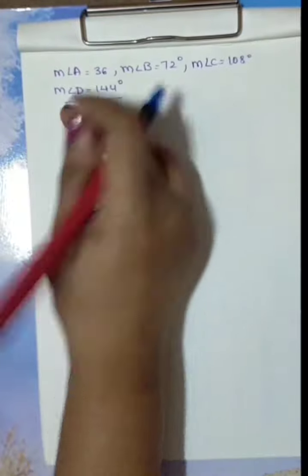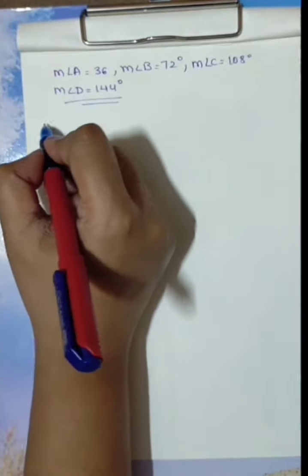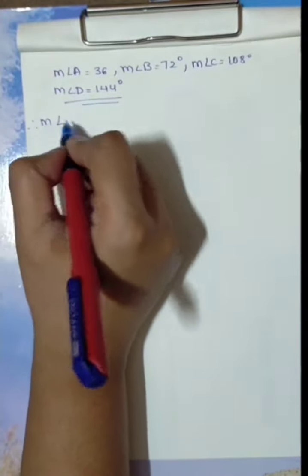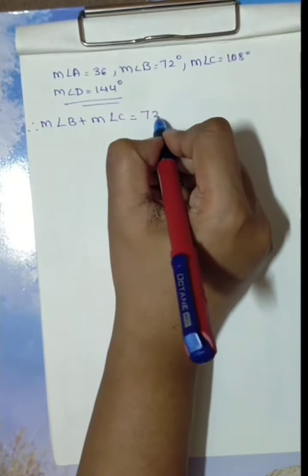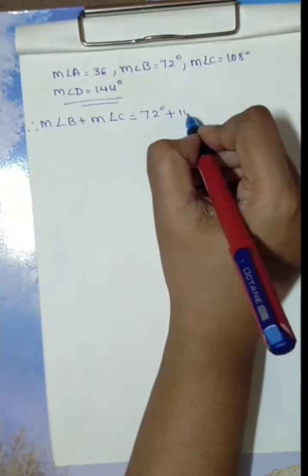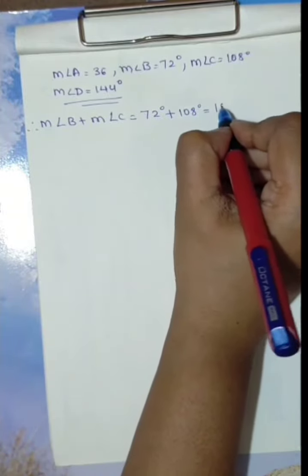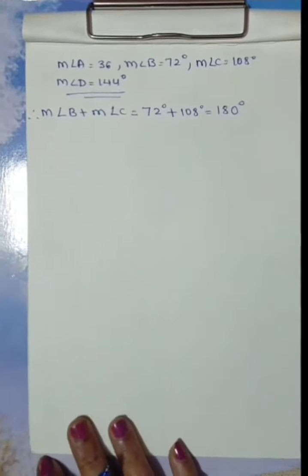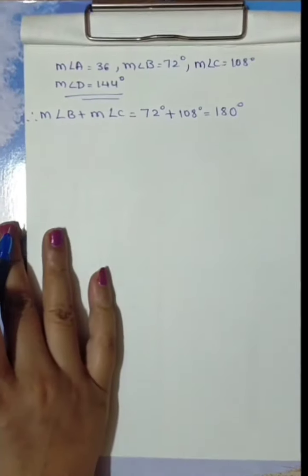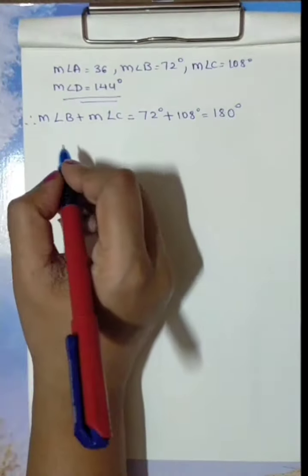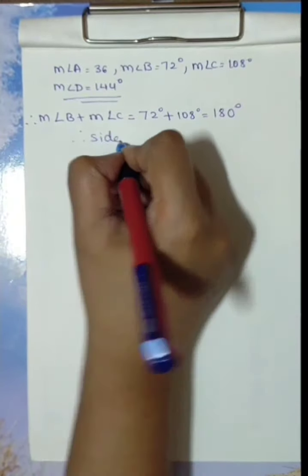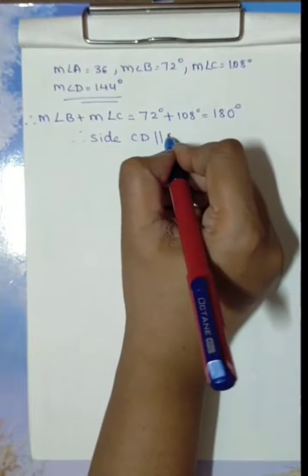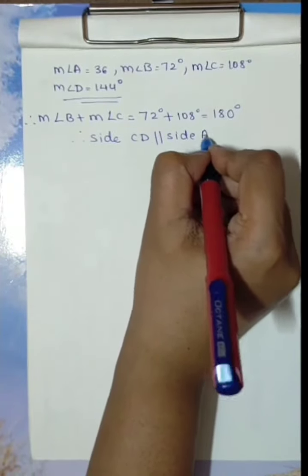We got this. Now next step is we have to write, therefore measure angle B plus measure angle C is equal to 72 degree plus 108 degree, that is 180 degree. Okay, I hope you are understanding. Now next, 180 degree, and therefore side CD is parallel to side AB.